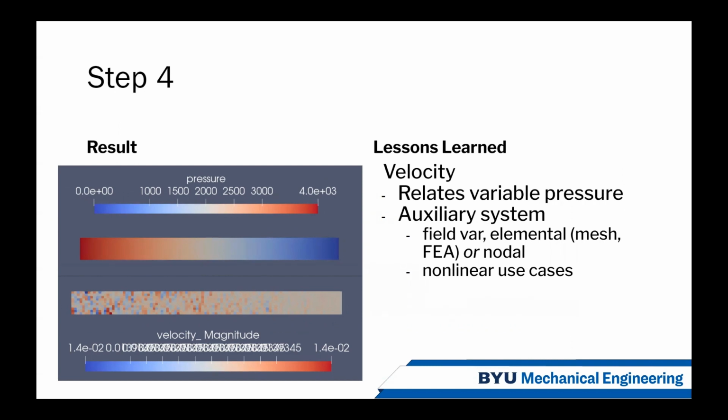So this uses an auxiliary system where we have our mesh and we can have these mechanical things, not properties, such as velocity, solved by looking at the elements or nodes between the grids in our mesh, field variables, pretty much anything where we'd want to use a non-linear use case where things are changing. We can solve for it in an iterative sense, where it's looking at these pieces, cutting it up and solving it as a finite element.